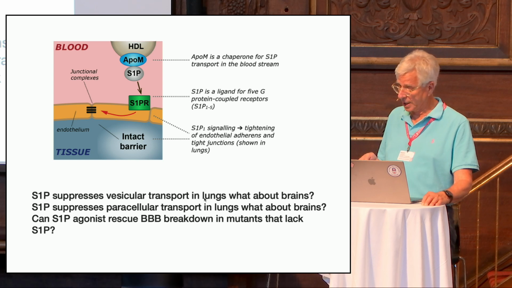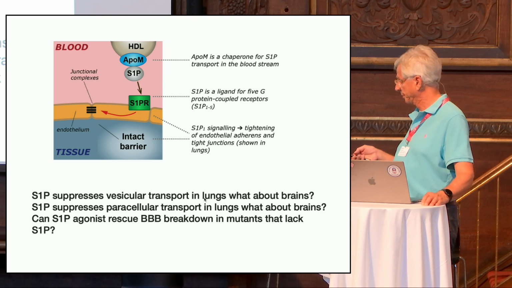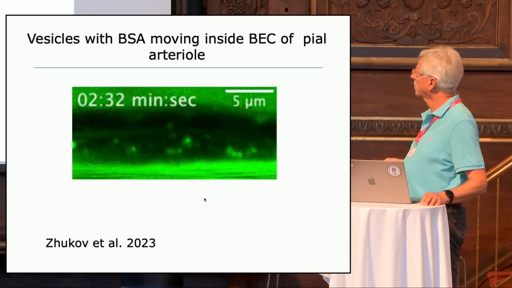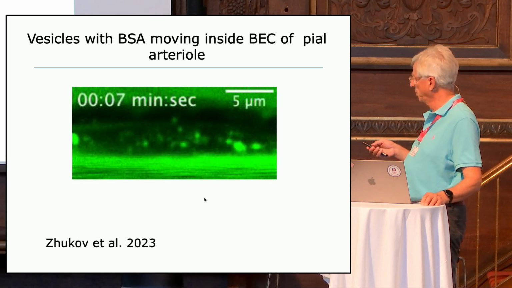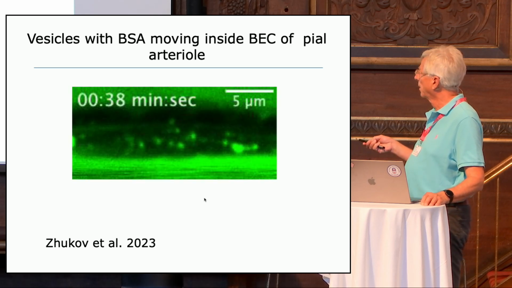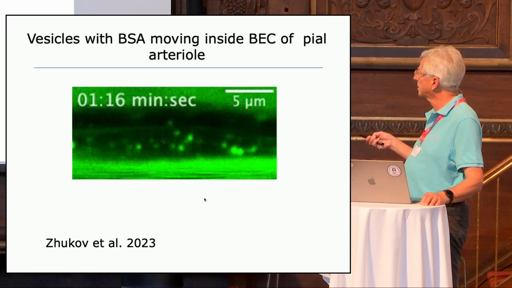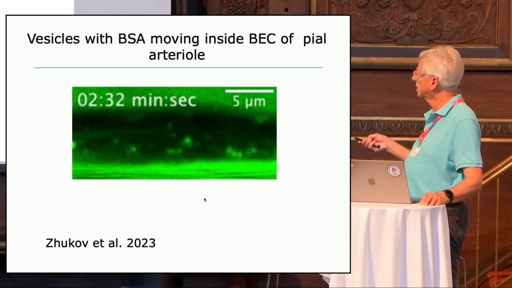It turns out that if you give an agonist of the receptor, you can actually rescue the blood-brain barrier. What you can see here is an in vivo image showing small vesicles inside an endothelial cell, and they are fluorescently labeled, and you can see how they move.